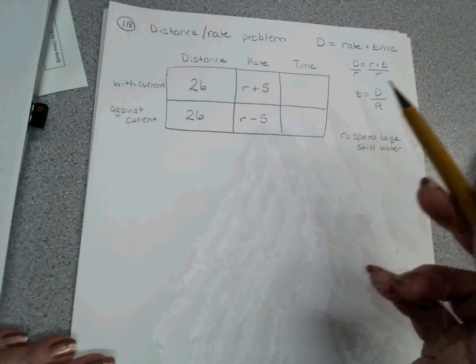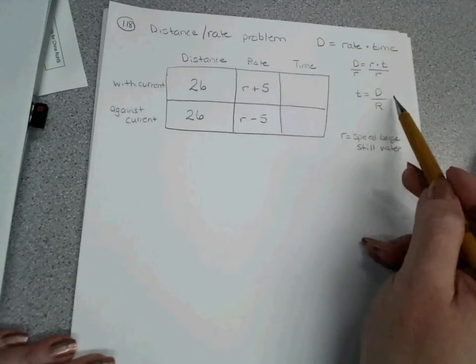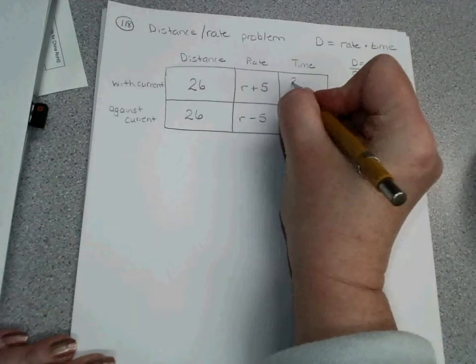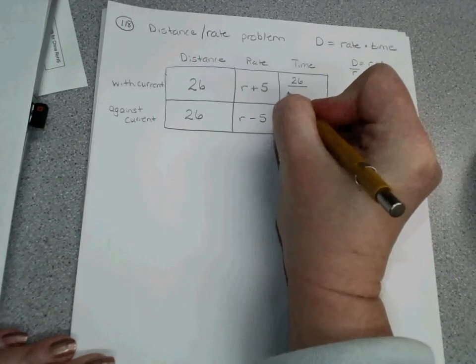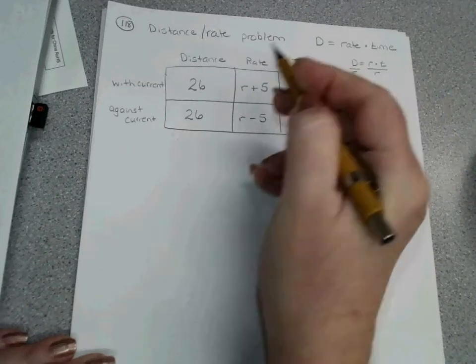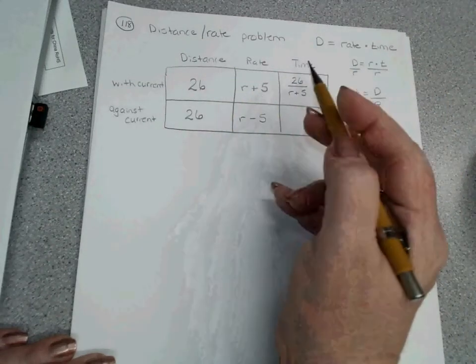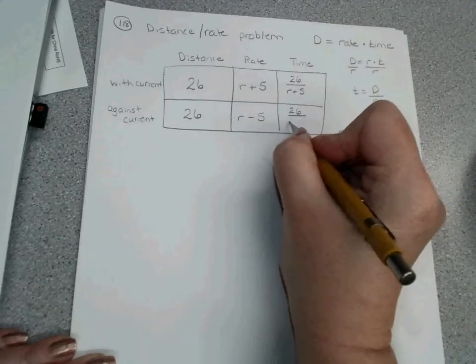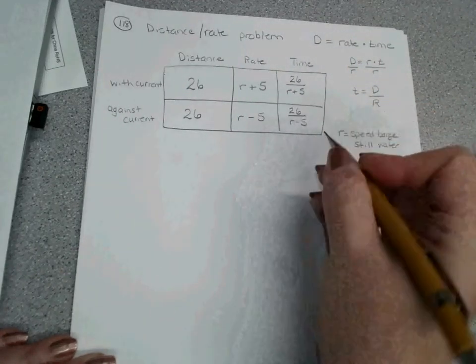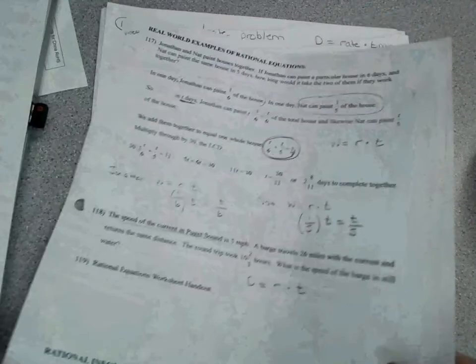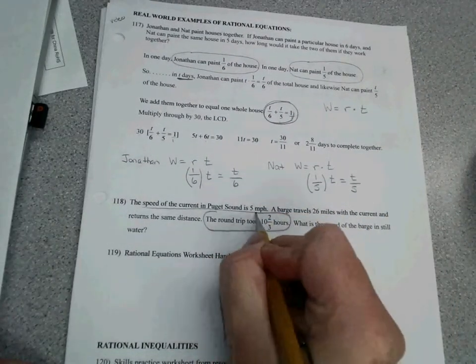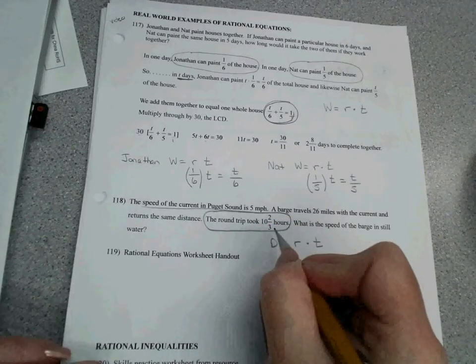Now look over here at my formula for time. It's distance divided by rate. So the time down is the distance down divided by the rate. The time up is the distance up divided by the rate. Now look back at the problem. The round trip took 10 2/3 hours.